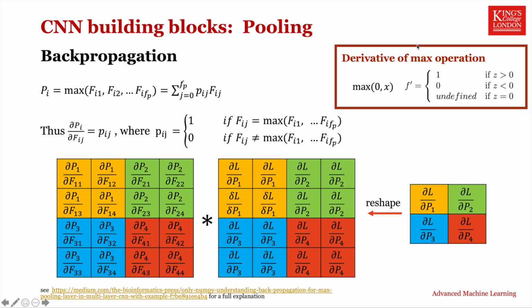We already know from previously looking at the gradient of the element-wise ReLU operation, which is also a max, that the partial derivative of the loss with respect to some parameter is just 1 for elements for which max is true and 0 elsewhere.